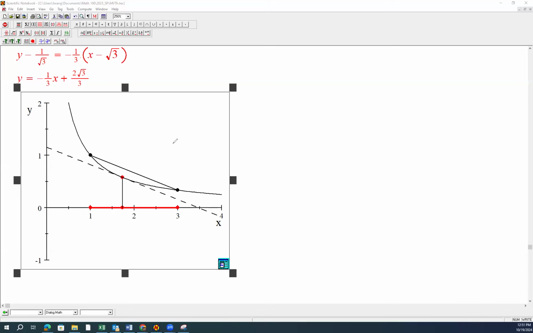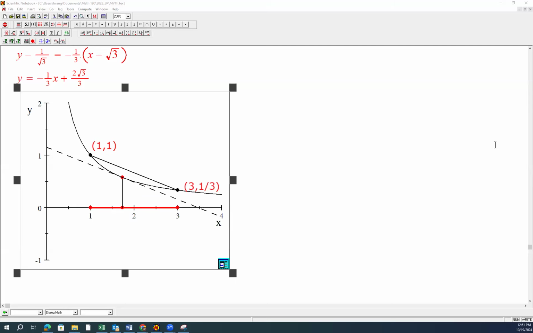So first of all, the interval of our consideration, and this is the point 1, 1, and this is the other endpoint, 3, 1/3. The function is continuous and differentiable as needed by the mean value theorem. We finally find the c. So this point is c, and c is root 3.